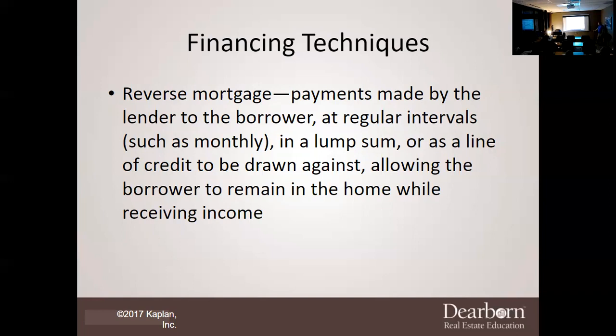A reverse mortgage is where payments are made by the lender to the borrower. Sounds good so far, right? And they're paid at regular intervals, such as monthly, in a lump sum, or as a line of credit to be drawn against. And it allows the borrower to remain in the home while they're receiving their income. Wait a minute. You're telling me I can go live in my house and the bank's going to pay me?